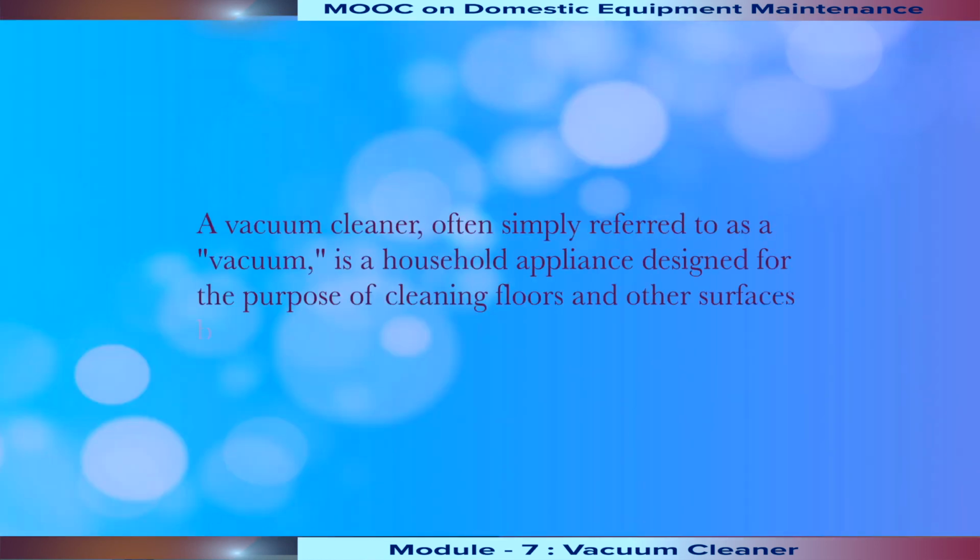Now, a vacuum cleaner, often simply referred to as vacuum, is a household appliance designed for the purpose of cleaning floors and other surfaces by removing dirt, dust, debris and other particles.